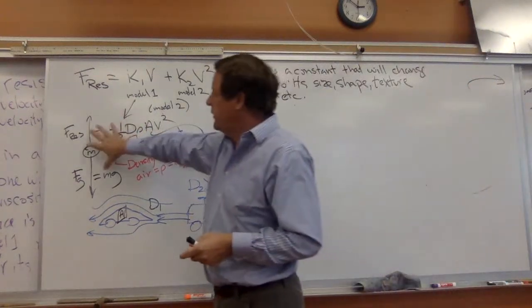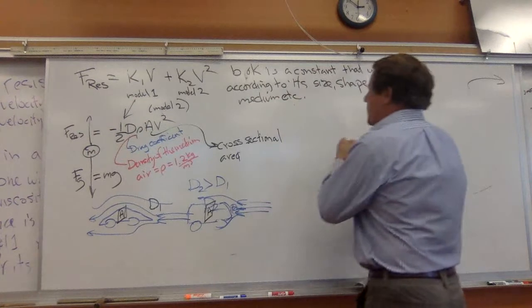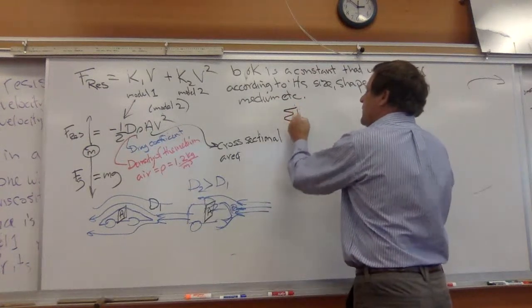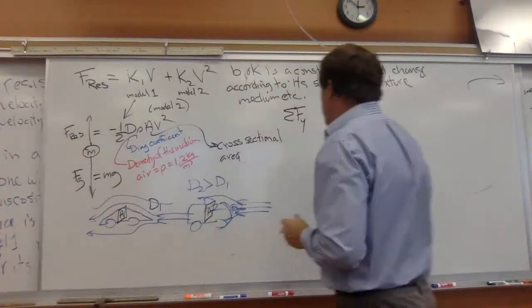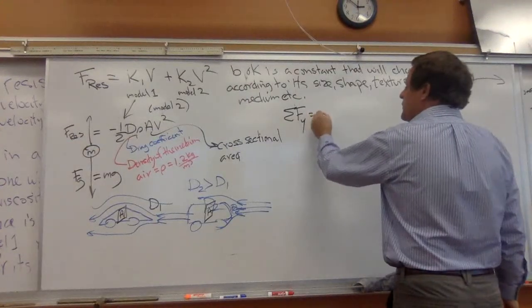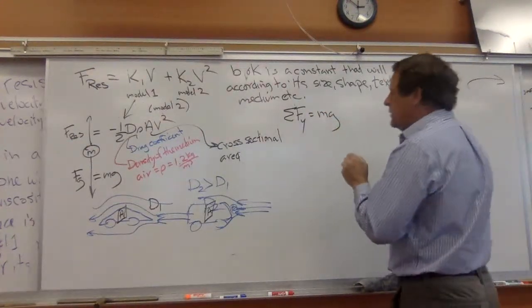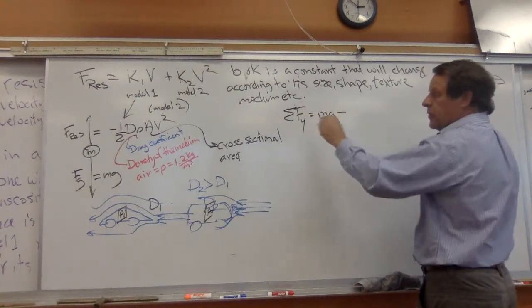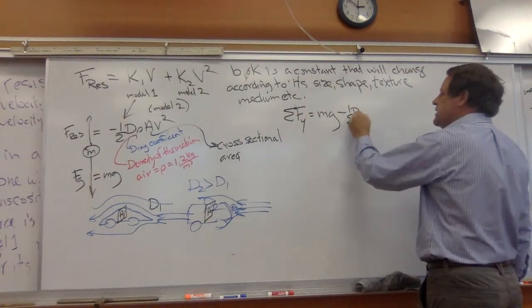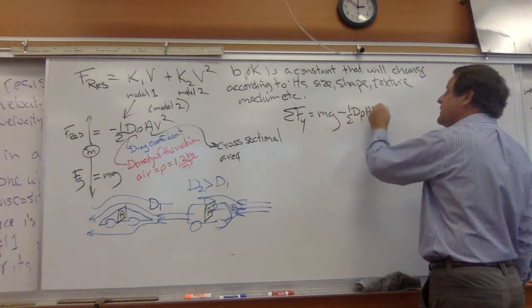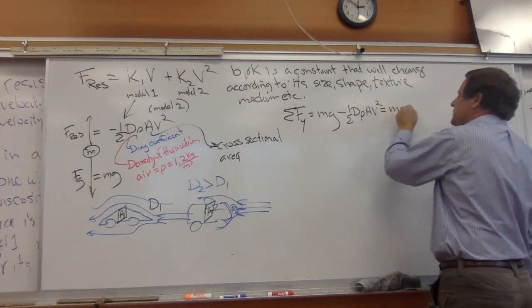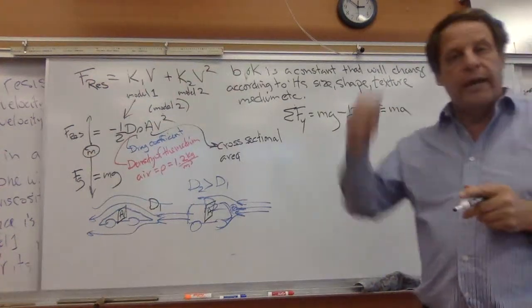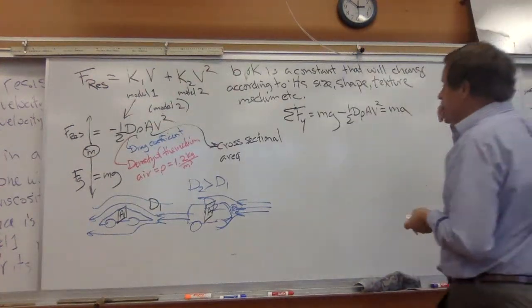Now let's talk about this stuff right here. We're going to say the sum of the forces in the y. If we just dropped this object, we have mg going down, minus, because it's going in the opposite direction, 1/2 d rho A v squared, and that's equal to ma.